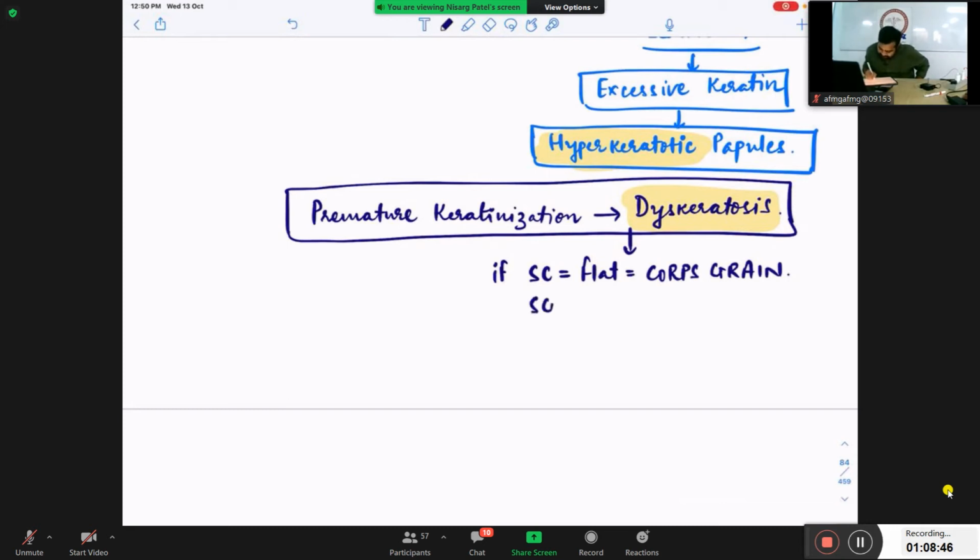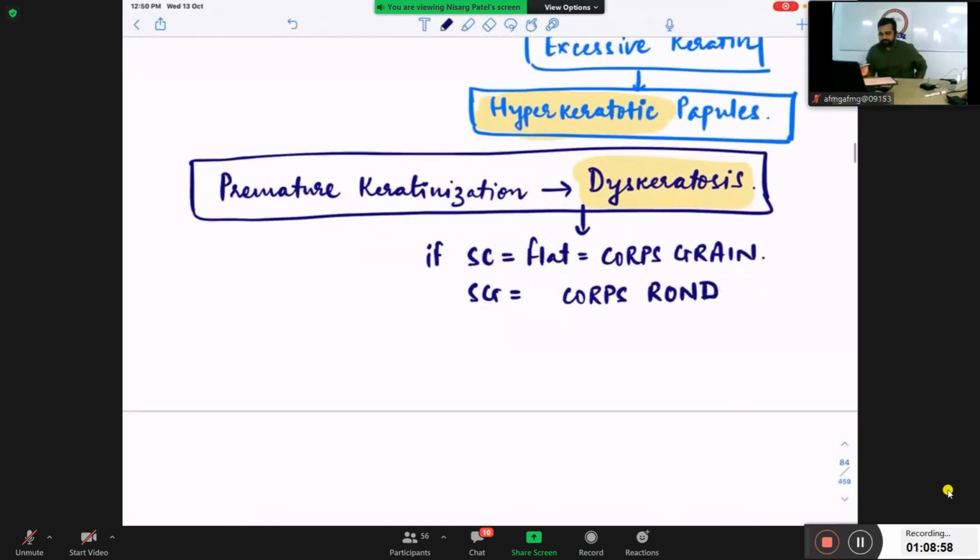And if it is involving the stratum granulosum, it is known as corps ronds. As you can see, in this disease there is an increased keratin filament. The treatment is keratolytic drugs.